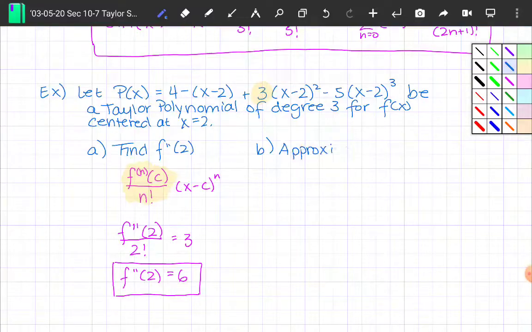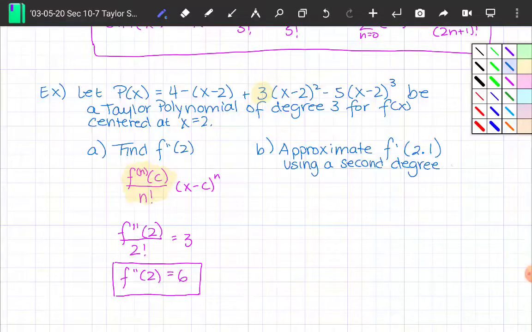And this really isn't that much of a big deal either. What if I want to approximate the function at 2.1 using a second degree polynomial?